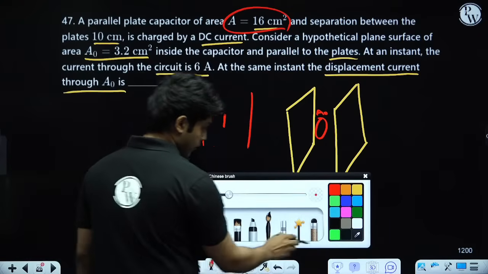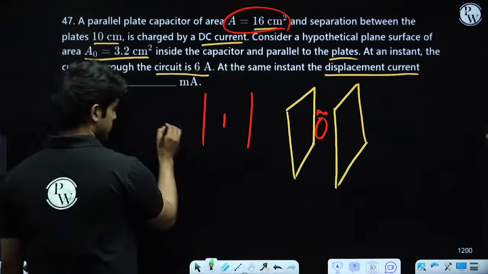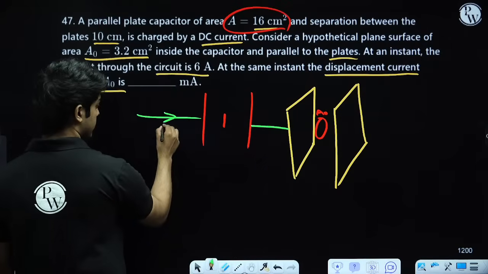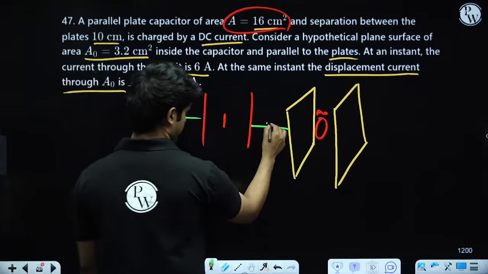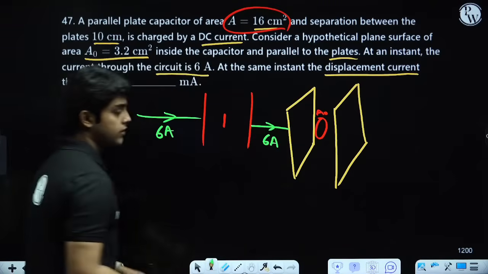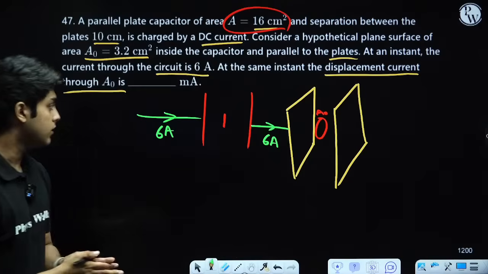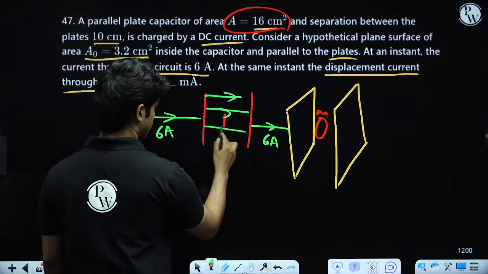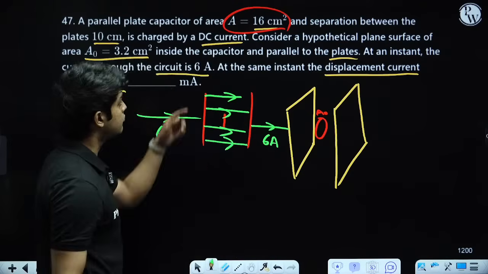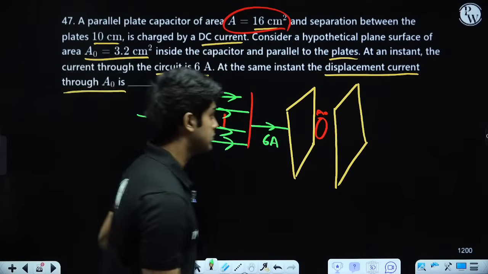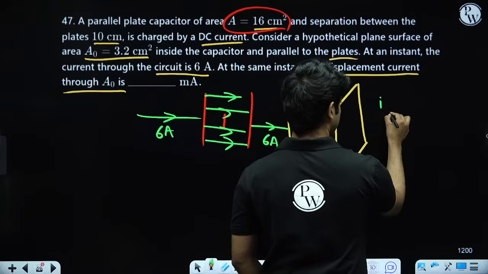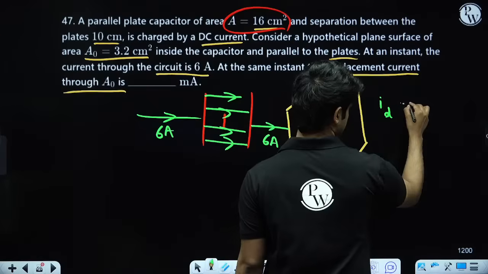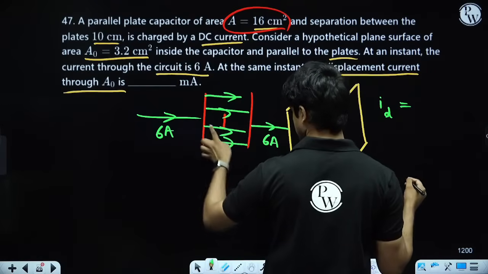While discussing displacement currents, we discuss one thing. This current is given to be 6 amperes. When computing displacement current, the displacement current through the total area A of the parallel plate capacitor, I_D, is the same as the conduction current, which is 6 amperes.